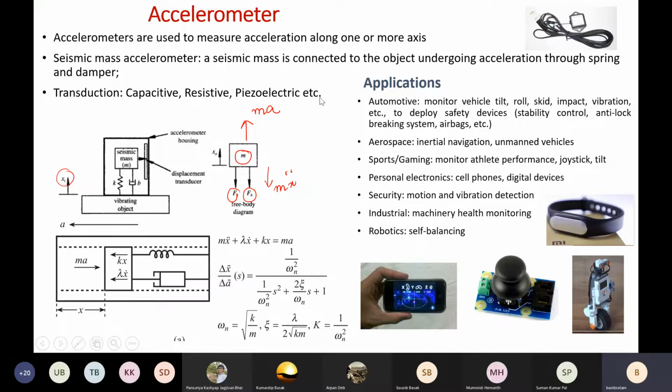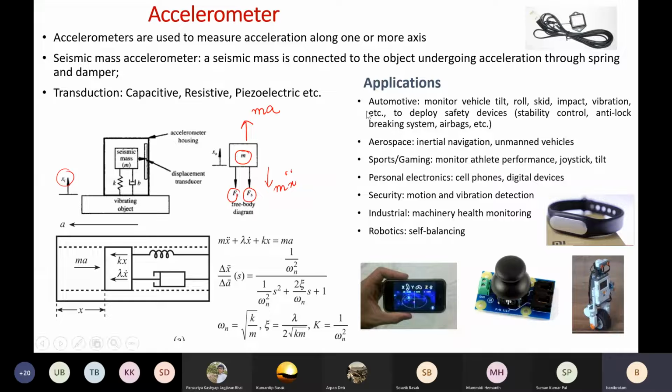So these are some of the transduction mechanisms. When we discuss miniaturized sensors, there we will illustrate in more detail how the fabrication of these accelerometers is done, how the integration with the circuits is done, and all those aspects.